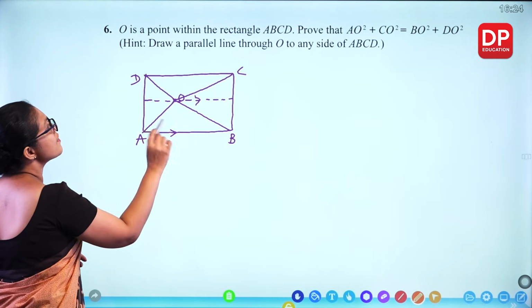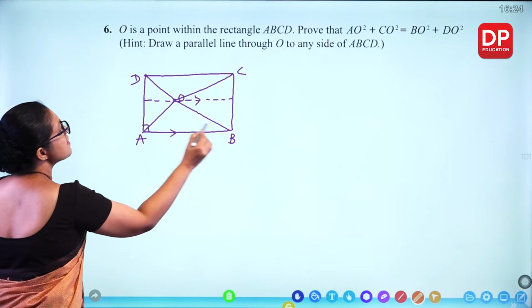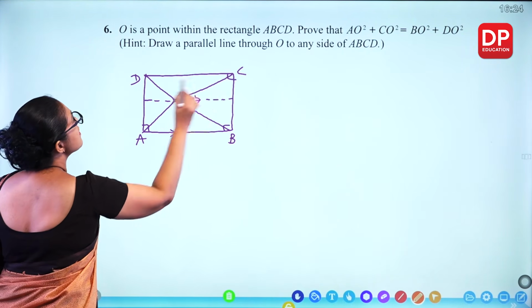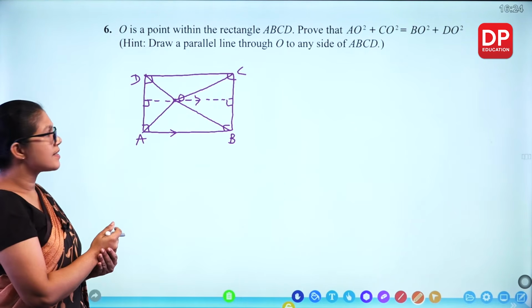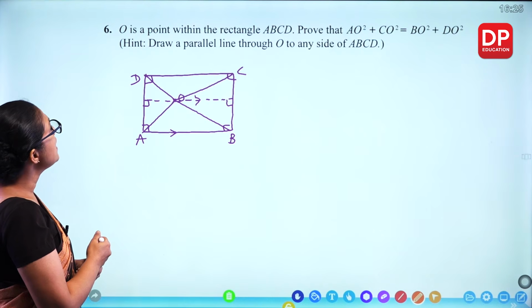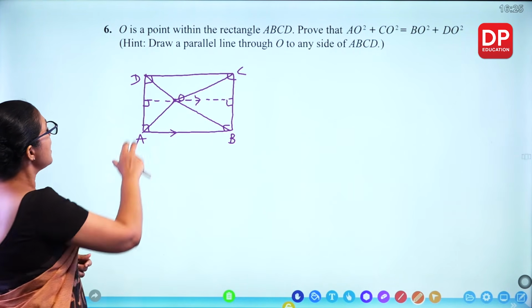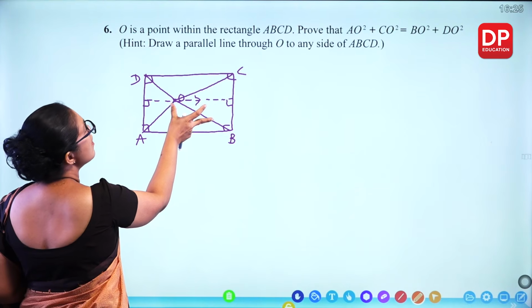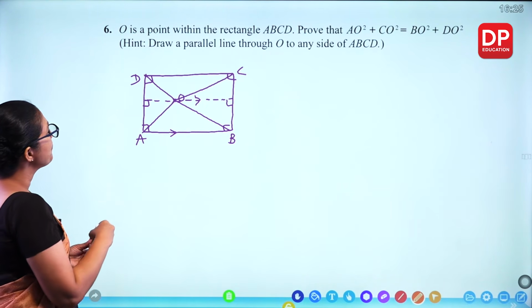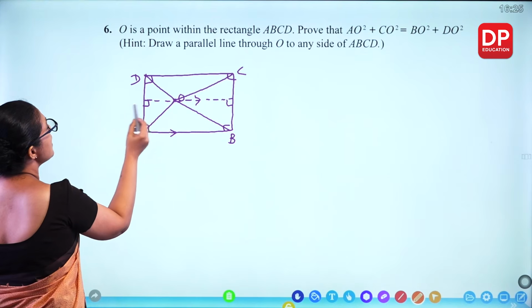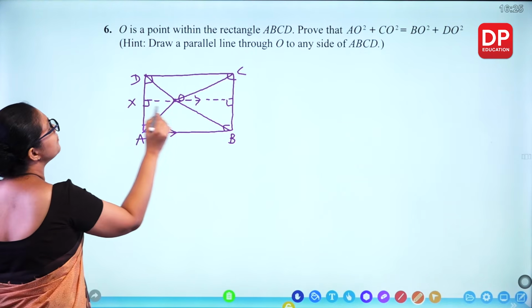I know this is a rectangle, so these are 90 degrees. Now we need to find out AO squared, CO squared, all these lengths. So we'll do that. I'll take this one as X and Y.